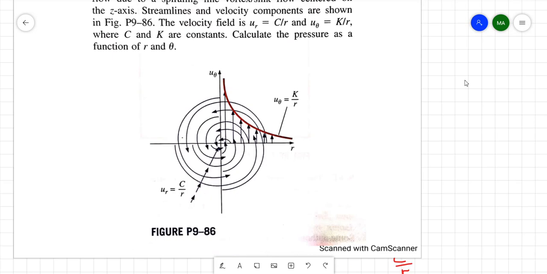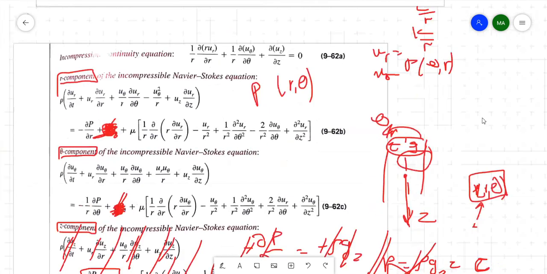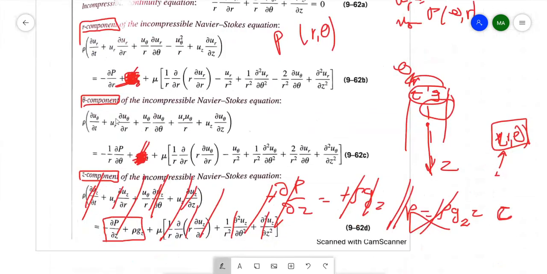But here, steady flow, so this means that those two derivatives here are zeros. So no variation of velocity with respect to time, and no variation of this velocity component with respect to time. So delete them. And what else can we delete?